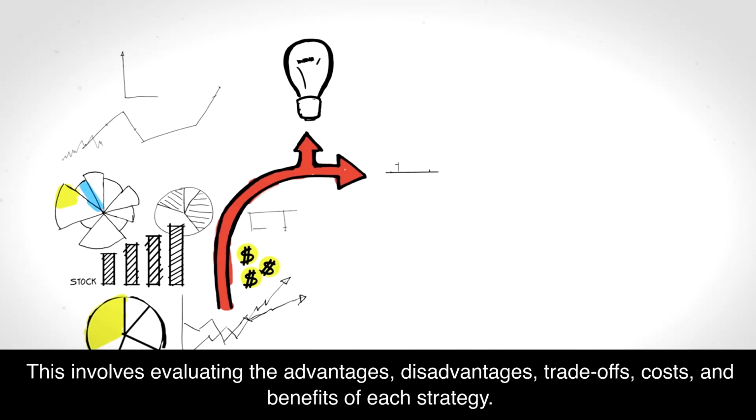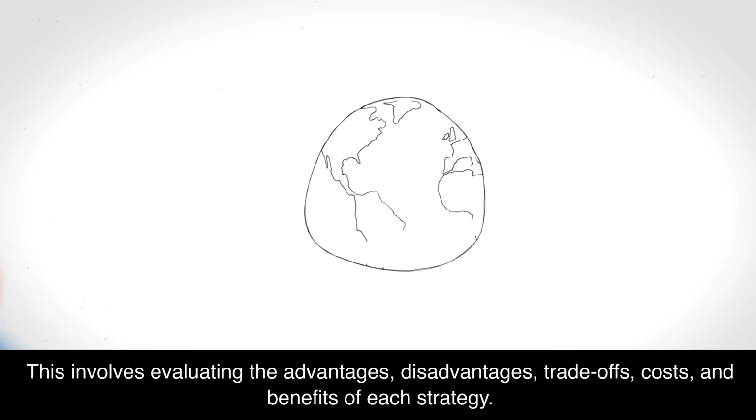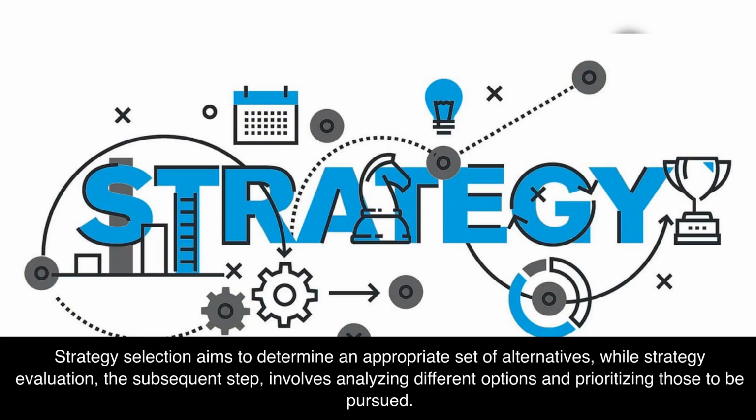This involves evaluating the advantages, disadvantages, trade-offs, costs, and benefits of each strategy. Strategy selection aims to determine an appropriate set of alternatives, while strategy evaluation, the subsequent step, involves analyzing different options and prioritizing those to be pursued.